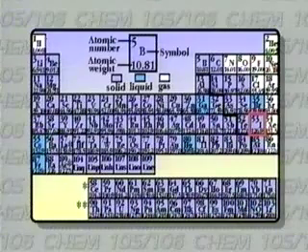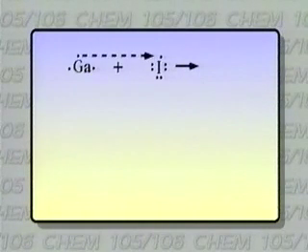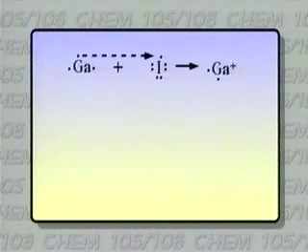Well, if we look at this, I can see that gallium could give one of its electrons to an iodine. And if we did that, we would now produce a Ga+, but the Ga+ still has 2 electrons.